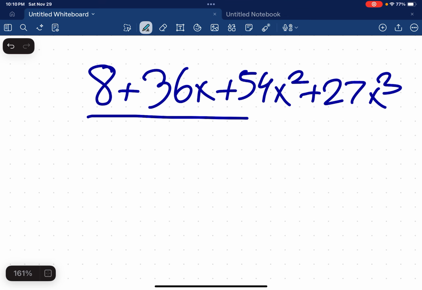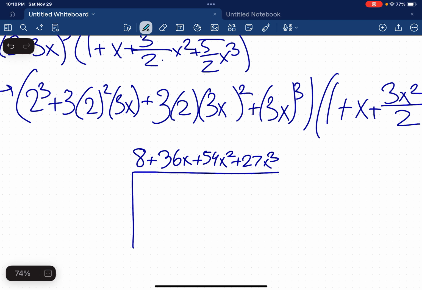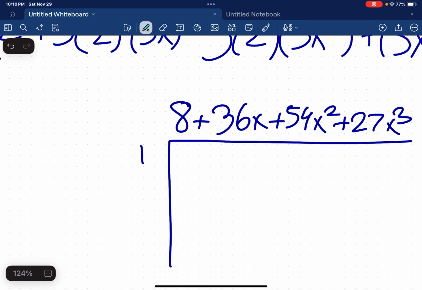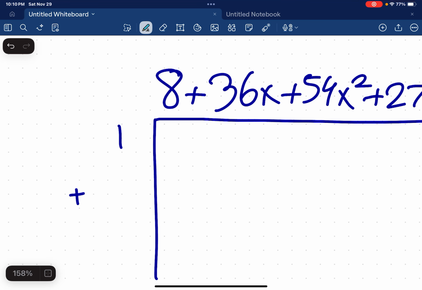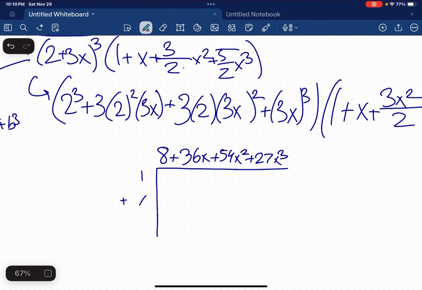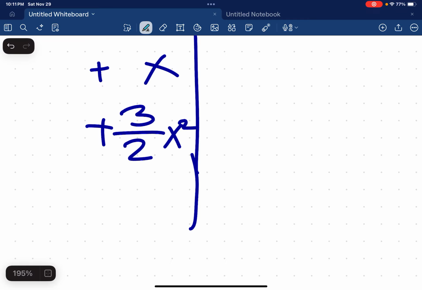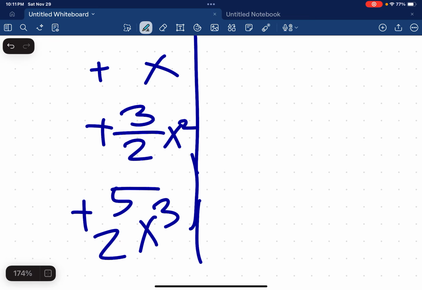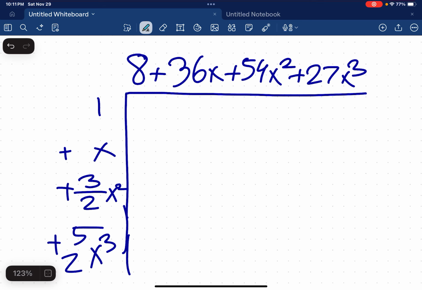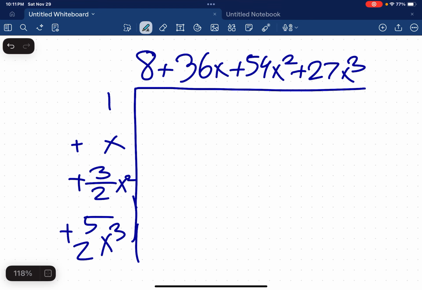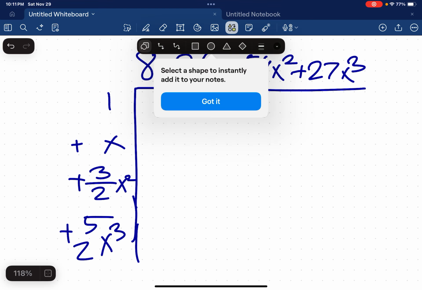Then we do our little box right here, and we have 1 plus x plus 3 divided by 2 x squared plus 5 divided by 2 x cubed. And then, is there a line method on here?